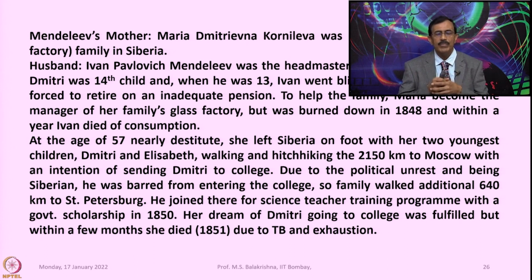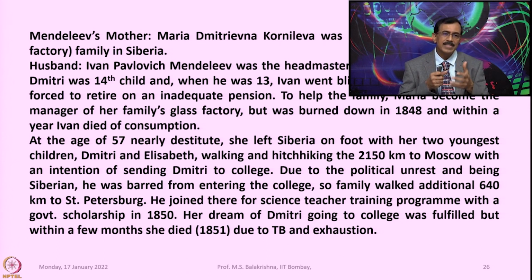At the age of 57, nearly destitute, she left Siberia on foot with her two youngest children Dmitri and his younger sister Elizabeth, walking and hitchhiking about 2150 kilometers to Moscow with the sole intention of sending Dmitri to college.